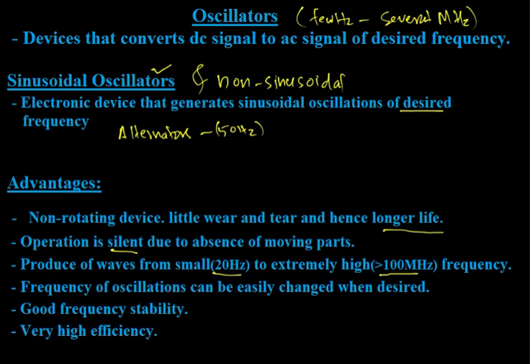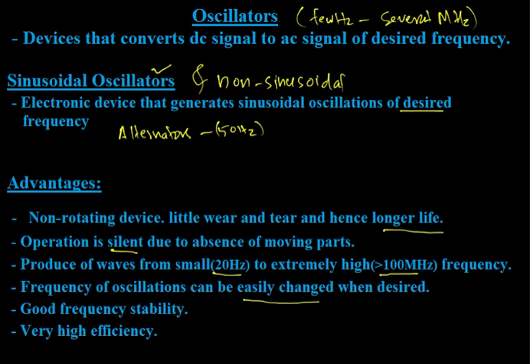That is another very important advantage of oscillators over alternators. The frequency of oscillation can easily be changed when desired. And another thing is that it provides good frequency stability.